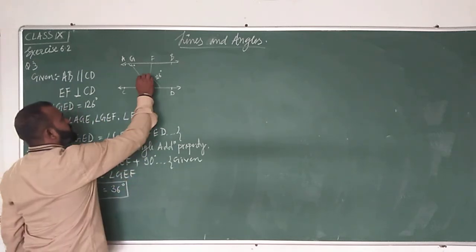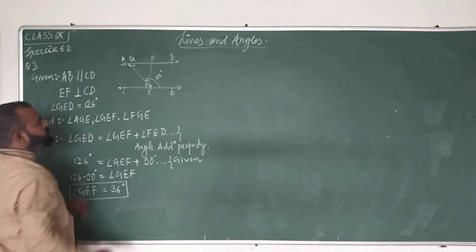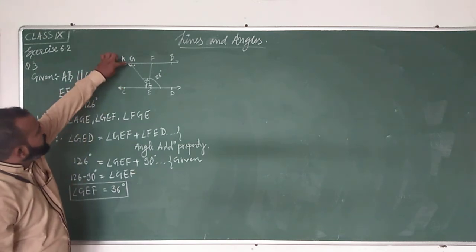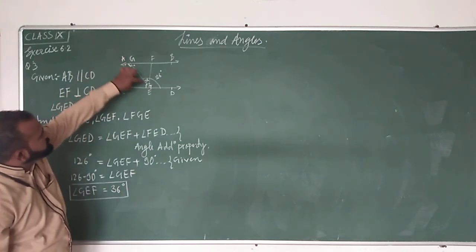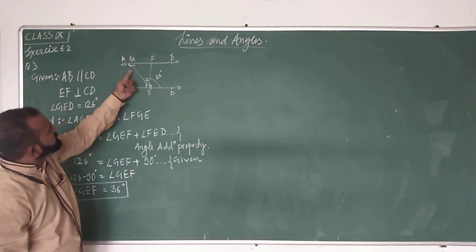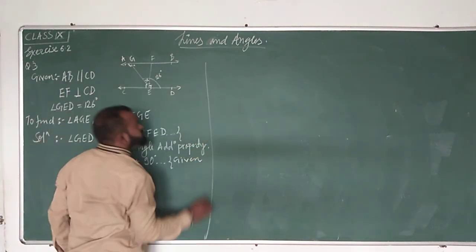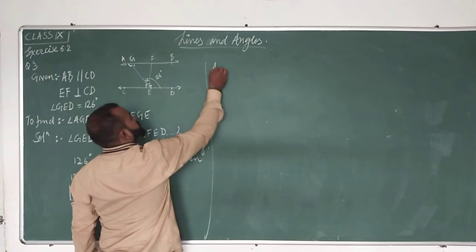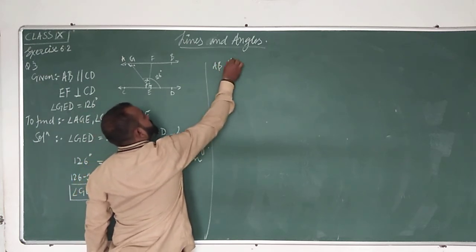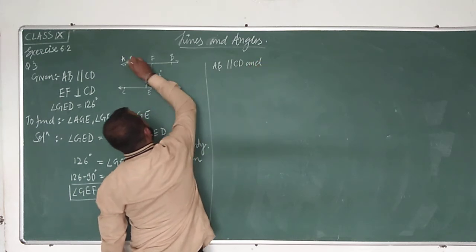Now you know the whole is 126. Now you can find this one because these two are parallel lines and you can take this one as transversal. What is the relation between this angle and this angle? Let me know. I am writing here AB parallel to CD and which one is transversal?